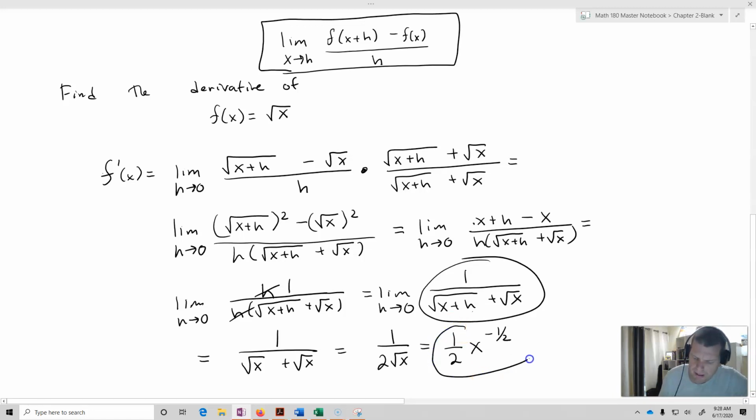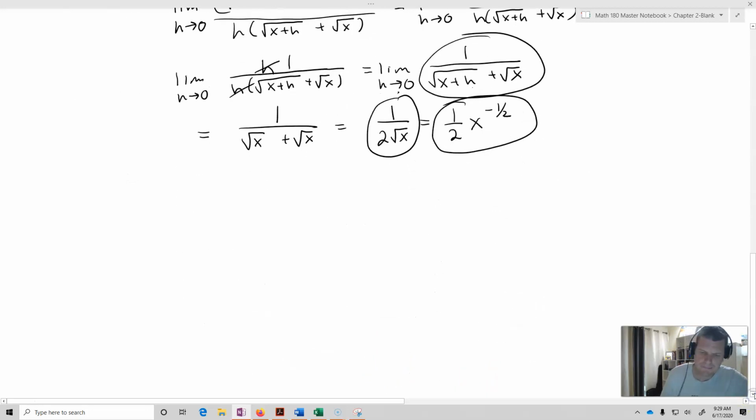So this thing here, 1/2 x to the negative 1/2 and 1 over 2 root x, they are the derivative for anywhere on the function square root of x. So all I need to do is plug in a value for x, and that will give me the derivative at that particular point.